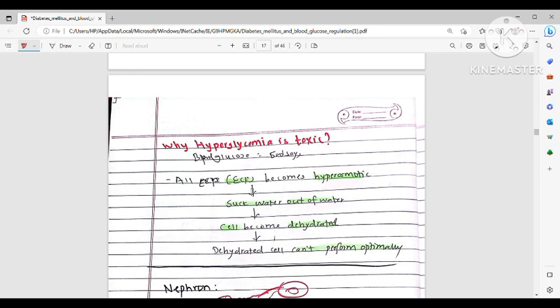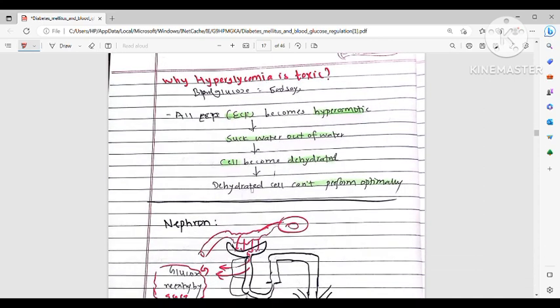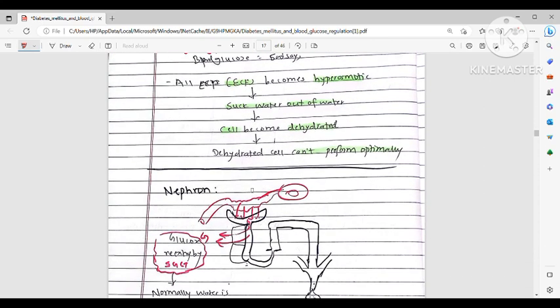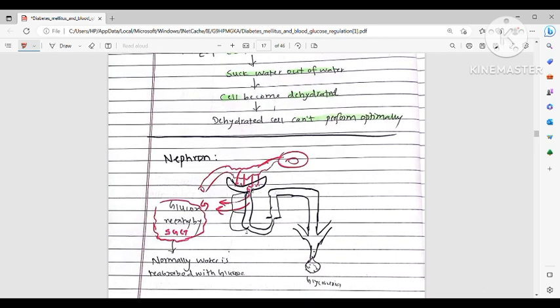That is, the osmotic concentration of the ECF is greater than that of the plasma. Then it sucks water out of the cells, and the dehydrated cell cannot perform its optimum activity.